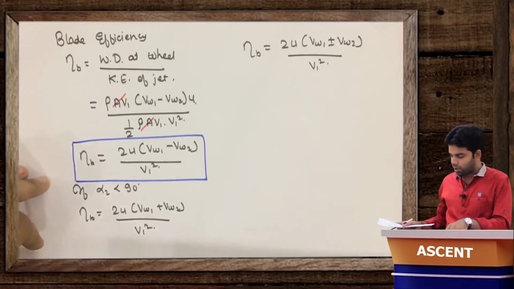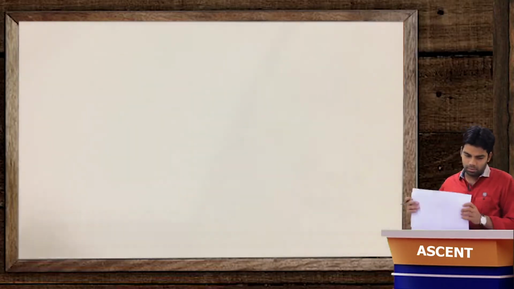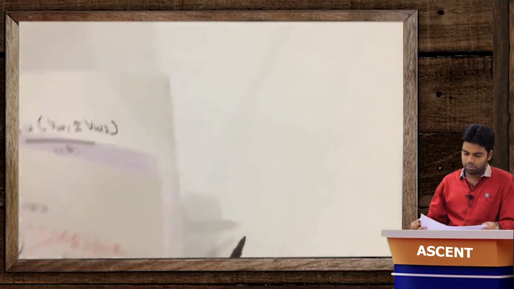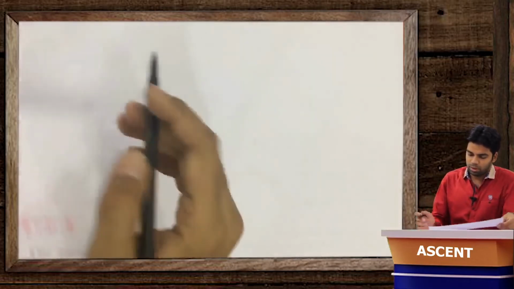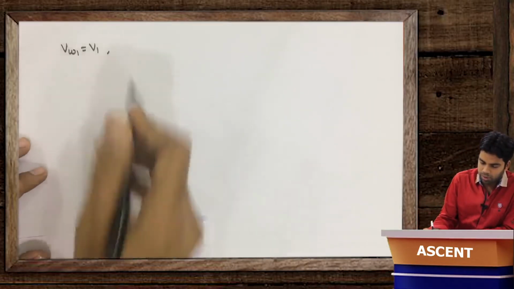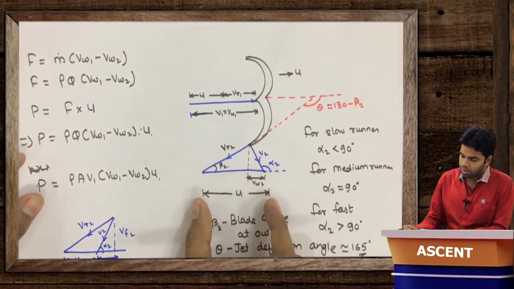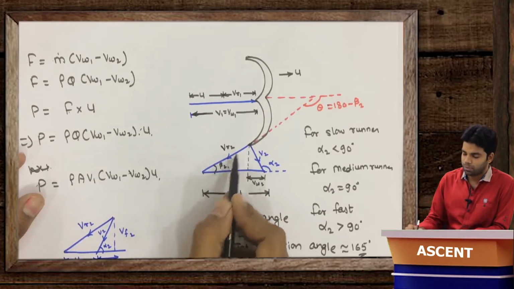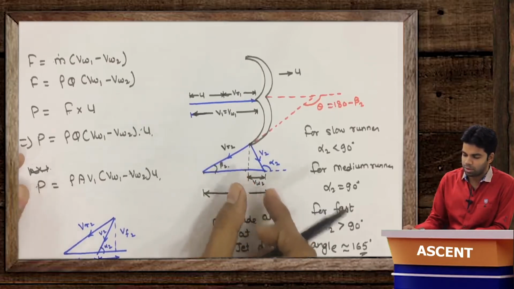Now further this can be written as what? VW1 is equal to V1. Now what is VW2 here? VW2 can be written as U minus VR2 cos beta 2. That means this distance U minus VR2 cos beta 2 is nothing but VW2.